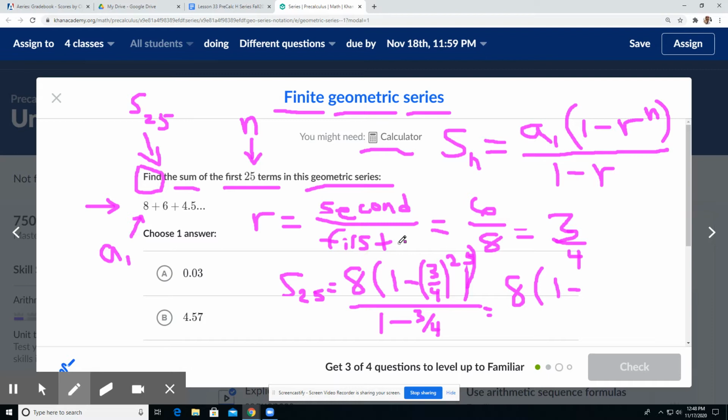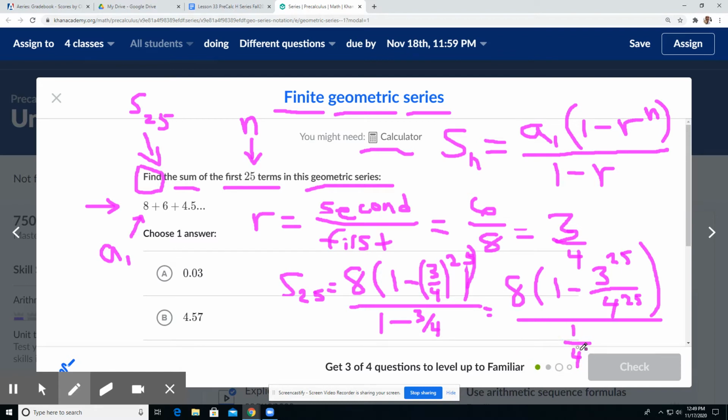Let's see. How do I want to do this then? Well, this is the same thing as 3 to the 25 over 4 to the 25, all over, and let's take care of that, that's 1/4 left.